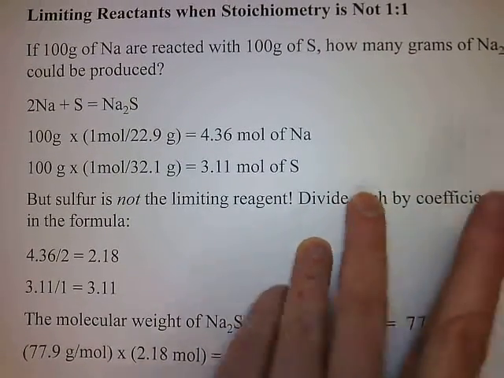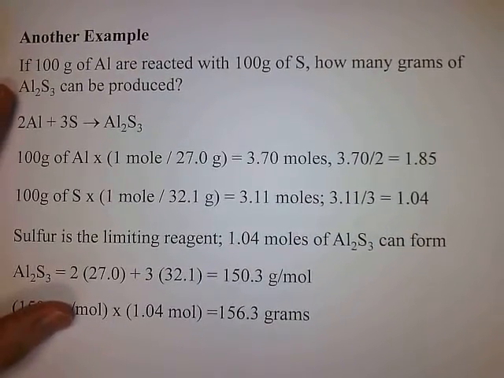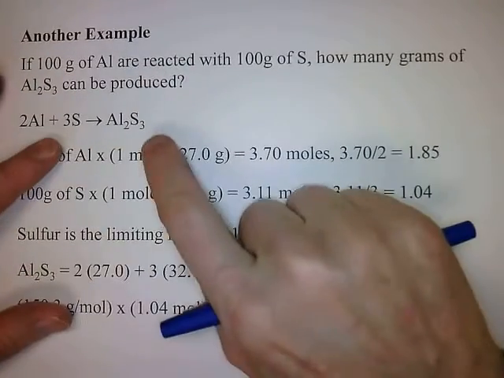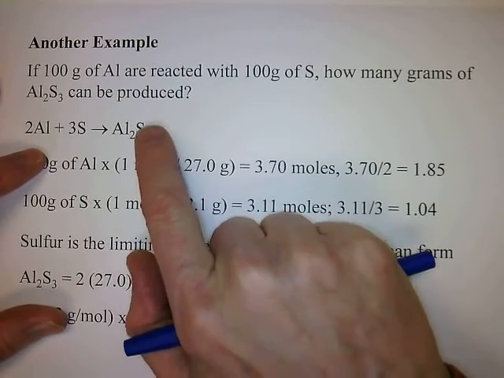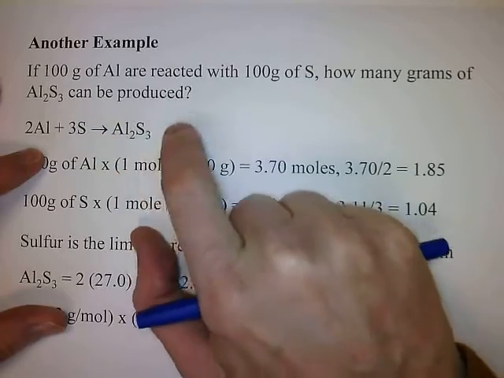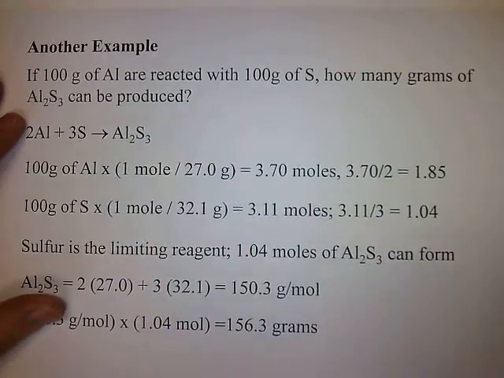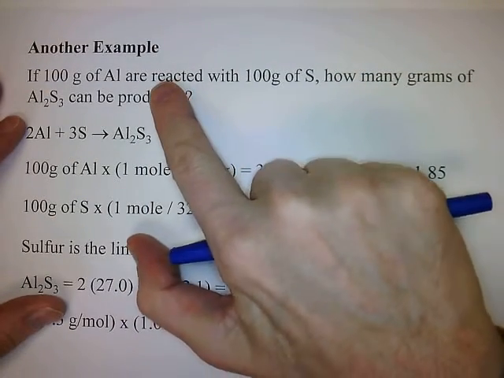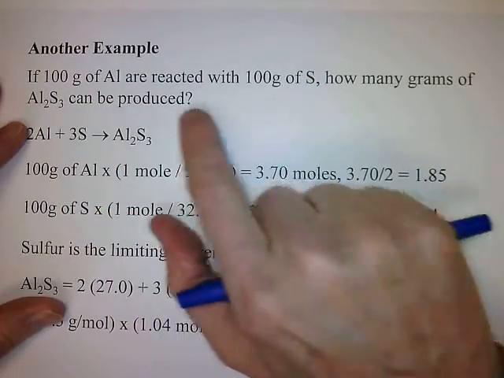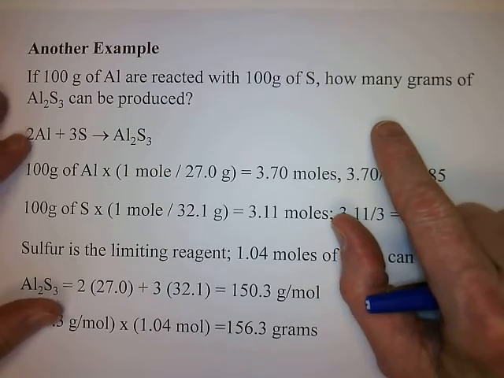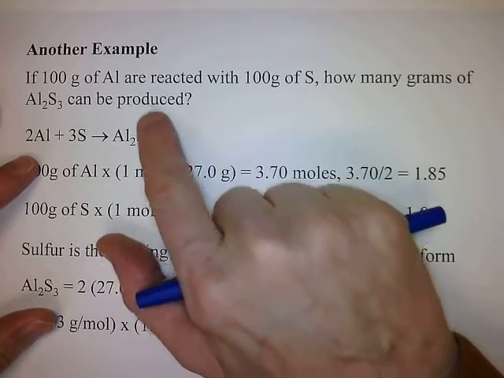Let's work one more example like this, and this is our last slide. Let's work one just like this except for aluminum sulfide, where both elements have coefficients in the formula. If 100 grams of aluminum are reacted with 100 grams of sulfur, how many grams of aluminum sulfide can be produced?